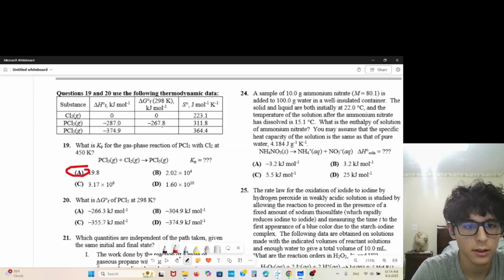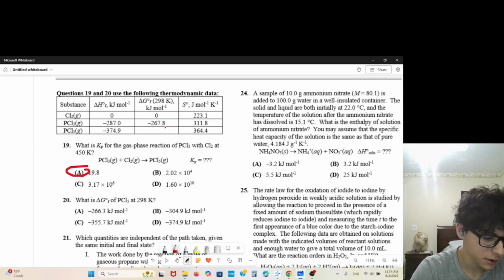Not too bad. Okay, so yeah, you can just use your past calculations. You get that negative 11,175 that we got before.